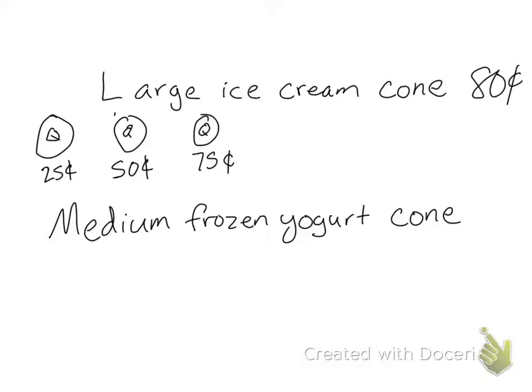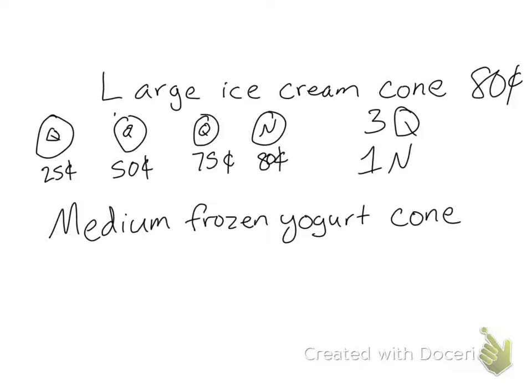Okay, can't use any more quarters. A dime is worth 10 cents, that's too much, so I'm going to use a nickel. 75 cents plus a nickel would be 80 cents. There we go. So I would need 3 quarters and 1 nickel to pay for this ice cream cone.